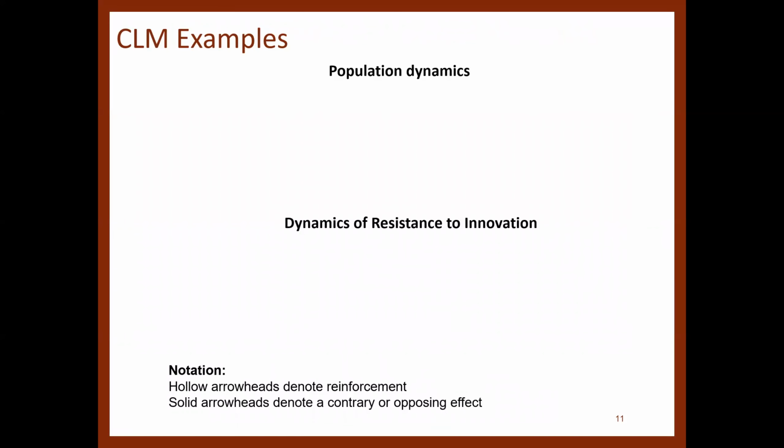So let's discuss some examples. What I'm going to do now is try to draw some causal loop models for two problems. The first one is called population dynamics. I'm going to state the variables for this problem.